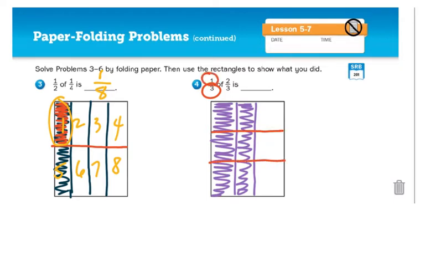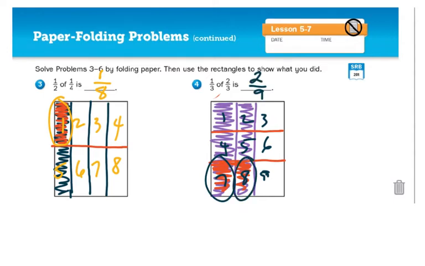Now shade 1 out of 3 equal sections. This one is not shaded, so I don't touch that one. So what is 1/3 of 2/3? Well, there are 1, 2, 3, 4, 5, 6, 7, 8, 9 equal parts. So the denominator is 9, and 2 of them are shaded, so 2/9.